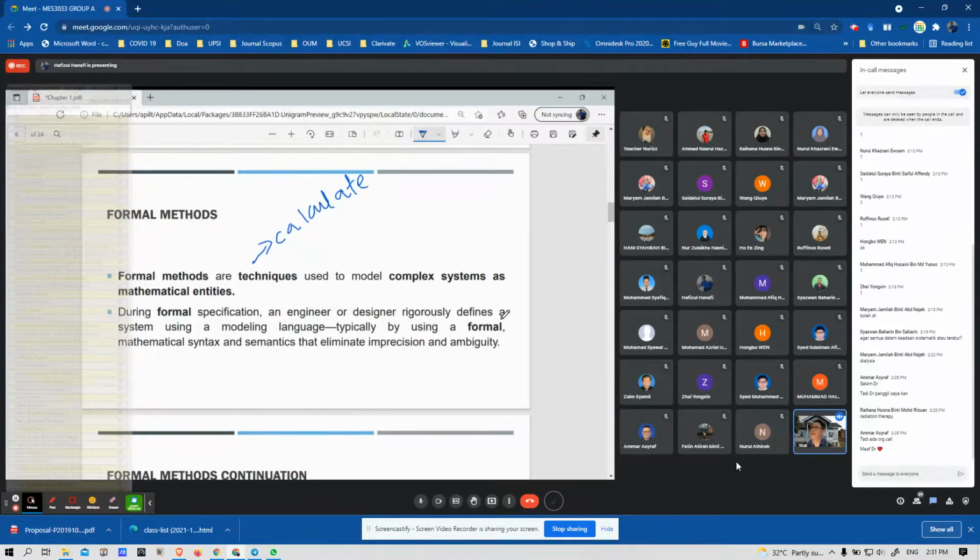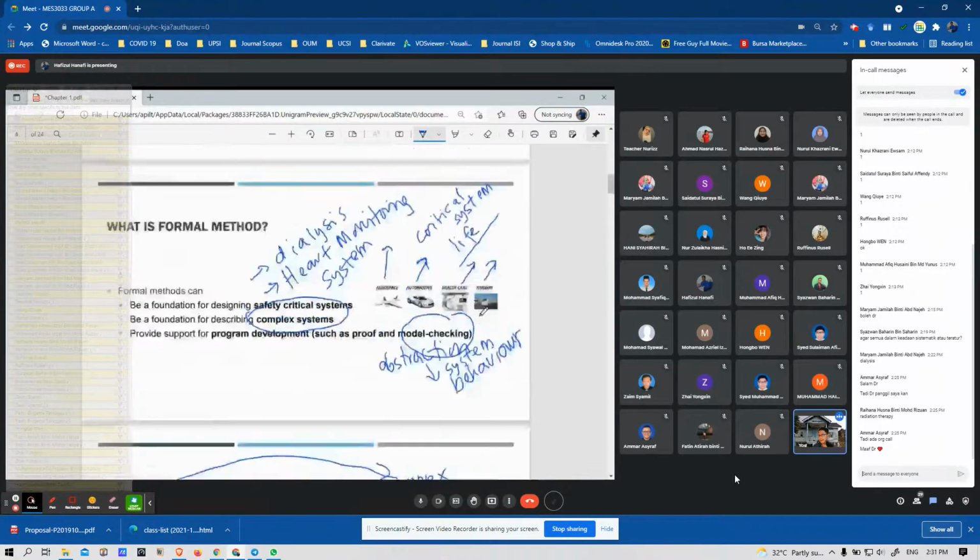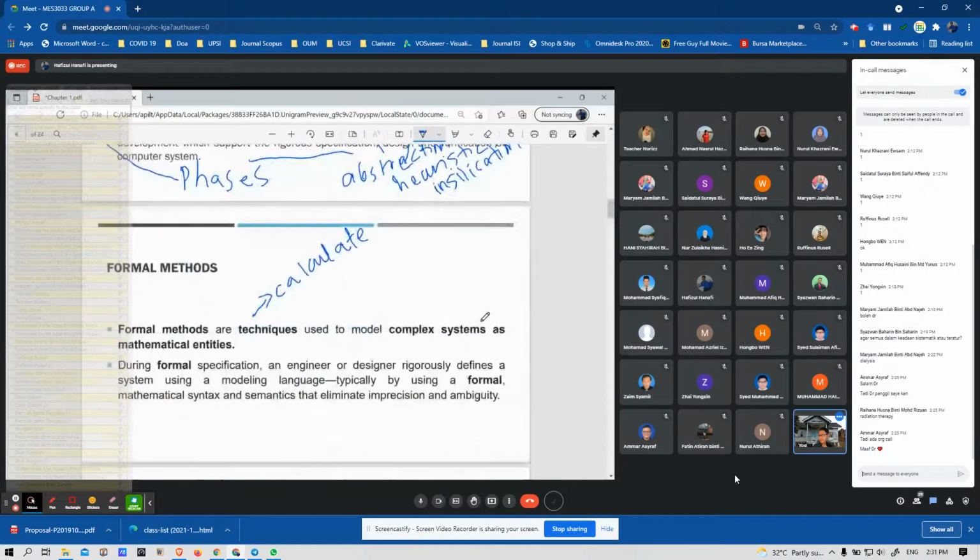Okay, and then the complex systems that we defined earlier, like aerospace and automotive, are very complex. And then we have mathematical entities.